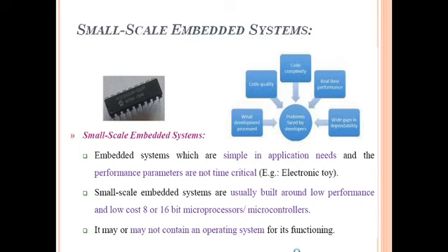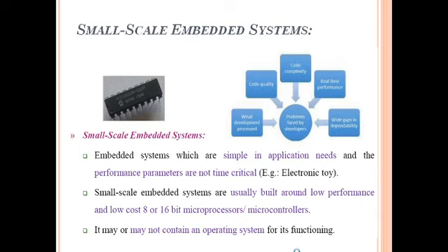Now coming to the small scale embedded systems. These are embedded systems which are simple in application needs and the performance parameters are not time critical. As I said, these small scale embedded systems have less complexity and the performance requirement is not that critical here.